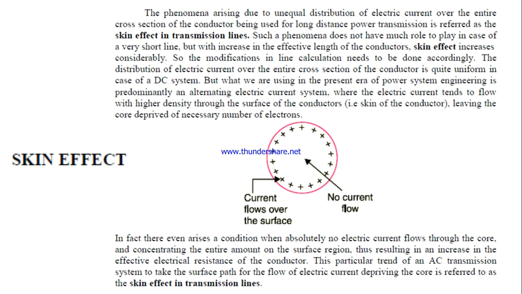Next, let us see about the skin effect. Normally, the skin effect occurs in AC transmission. It is the phenomenon which arises due to the unequal distribution of electric current over the entire cross-section of the conductor when it is transmitted over a longer distance. It plays a greater role in determining the electric stress in a conductor.